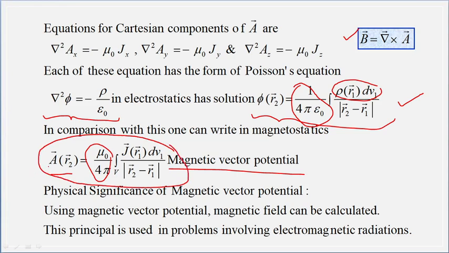Once you know the magnetic potential, we will be able to find the magnetic field. There is a physical significance of the magnetic vector potential. Using it, we can find the magnetic field, and this is used especially in electromagnetic waves.